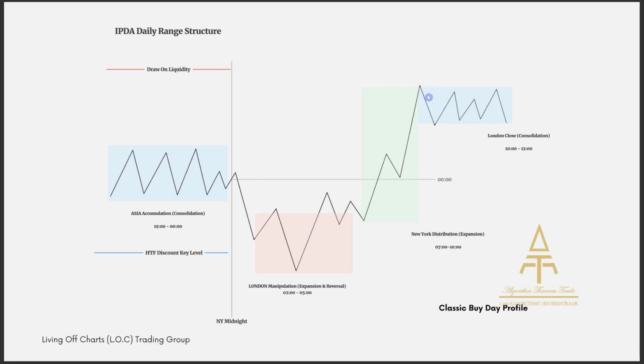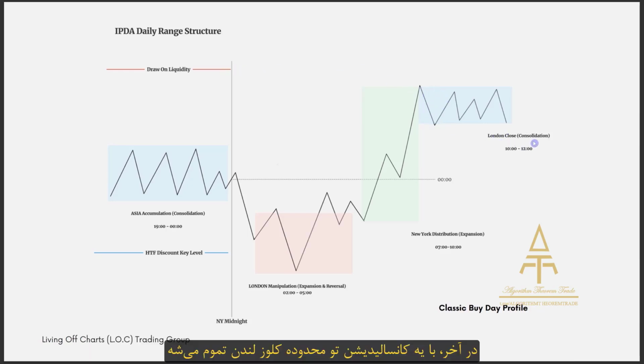And then the profile ends up with a London close consolidation. So at the end of New York kill zone afterwards, we have London close kill zone between 10 and 12, and then it tends to consolidate afterwards.